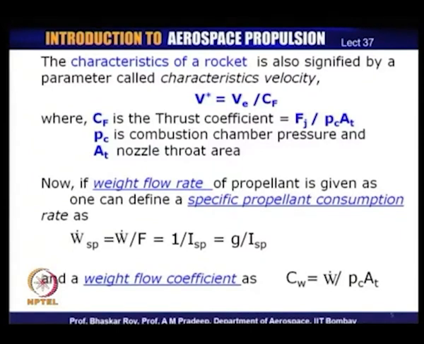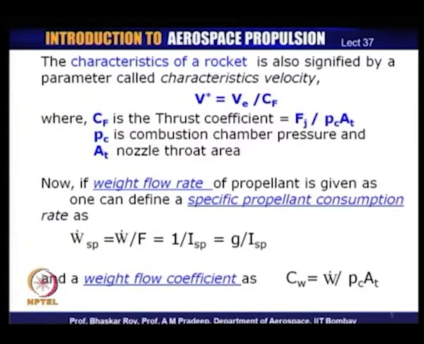Now, if you look at the use of the weight flow, and we can redesignate its relationship with ISP, we can say that the specific propellant consumption can be written down in terms of weight flow divided by thrust, and that would be 1 by ISP, or it can also be expressed in terms of G by ISP, depending on the units.